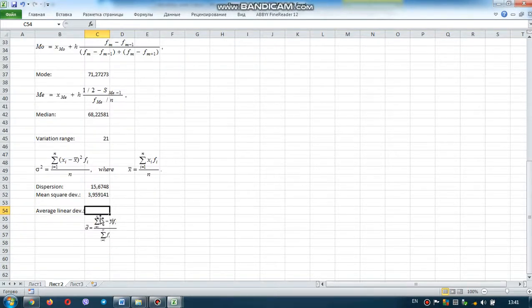Now we can just calculate the sum of products and divide by the sum of frequencies.